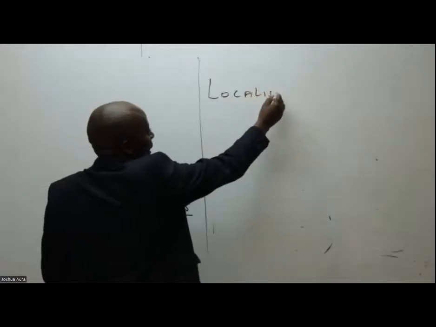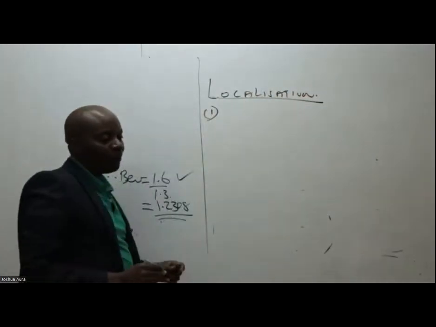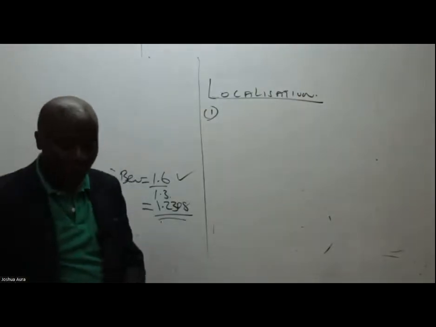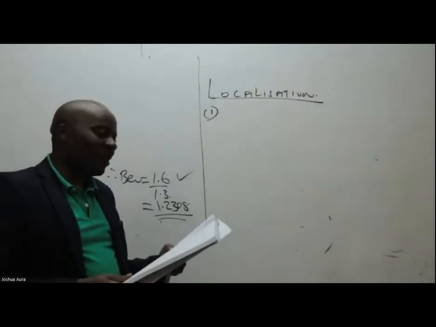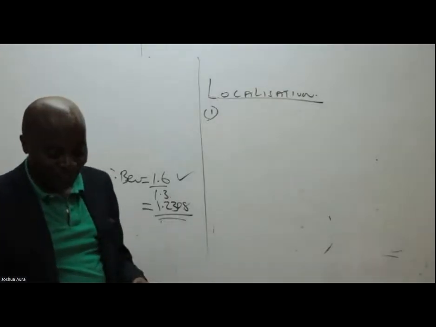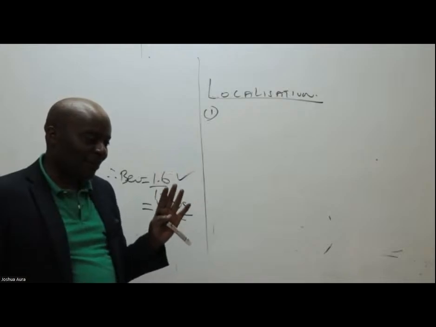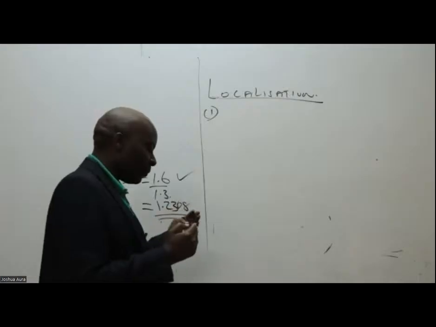So localization, we start with number 1. You've got 3 scenarios there, 30% debt and 70% equity. I would have wanted to avoid this step, but let's just be procedural.